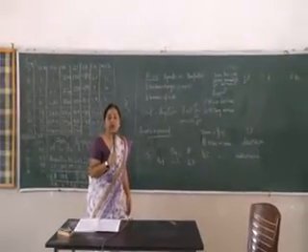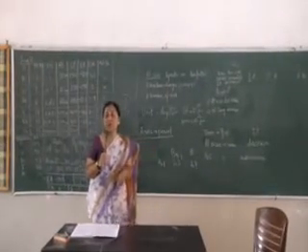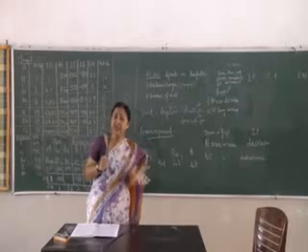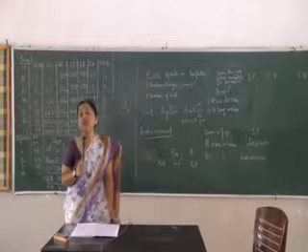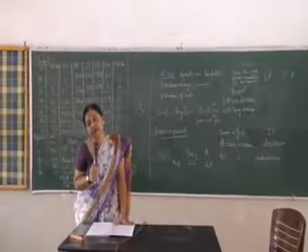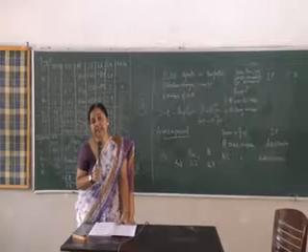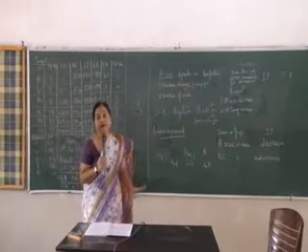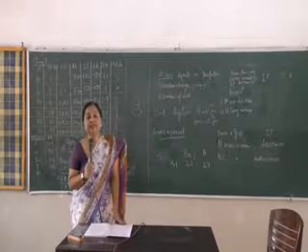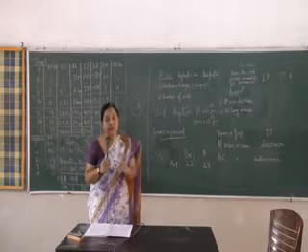Although nuclear pull becomes more, the increase due to the number of shells is more dominant. And as a result, what is the overall effect? The atomic size increases as you are moving down a group.